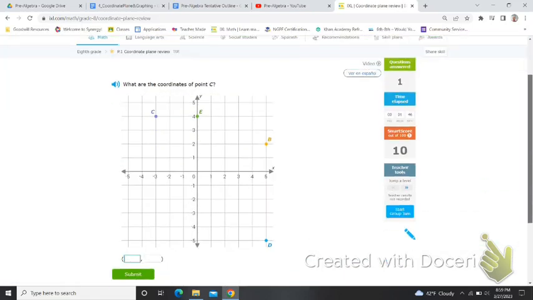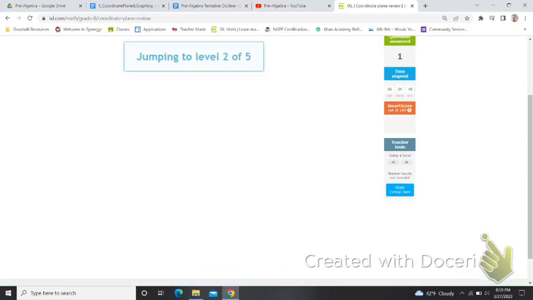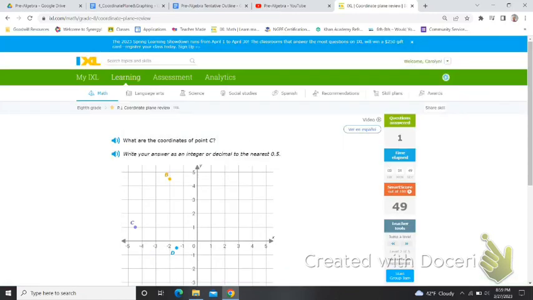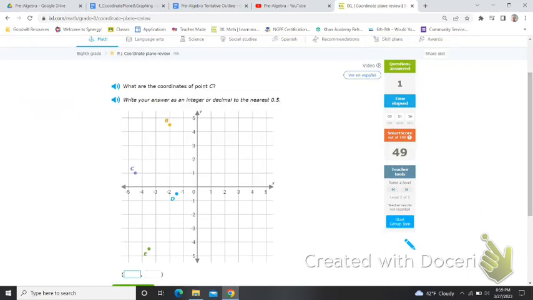So it may ask us for coordinates. Notice that when you hit, apparently in this case about 49, so after you've done a few, they may give you things that include a decimal to the nearest 0.5. So we're only going to be half. It's not going to be like asking you to estimate any closer than that.